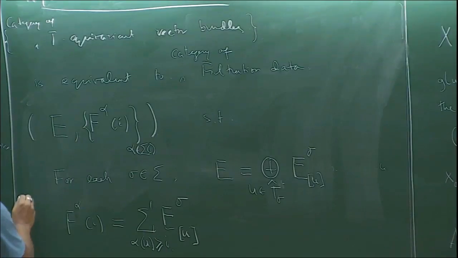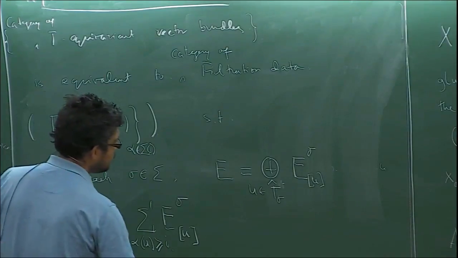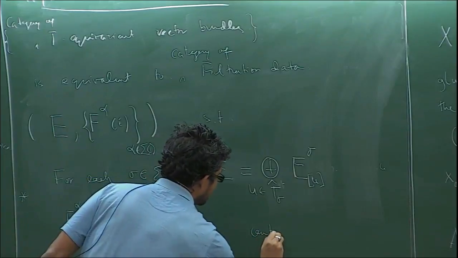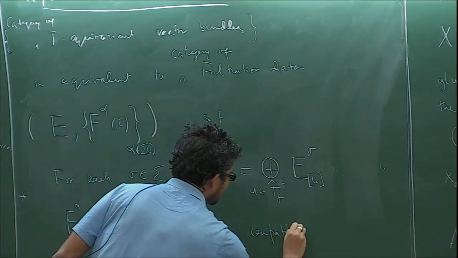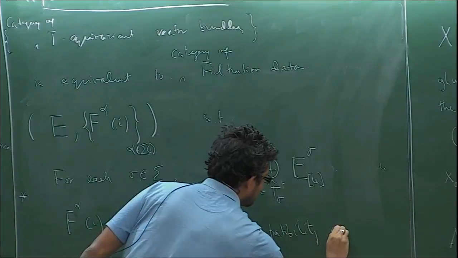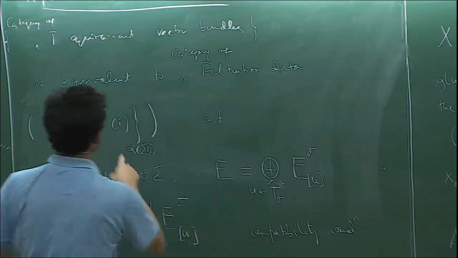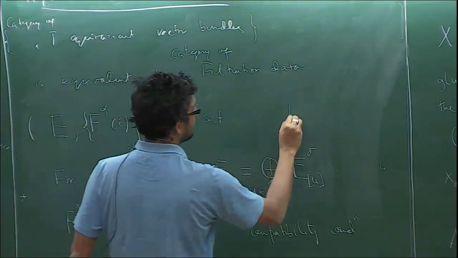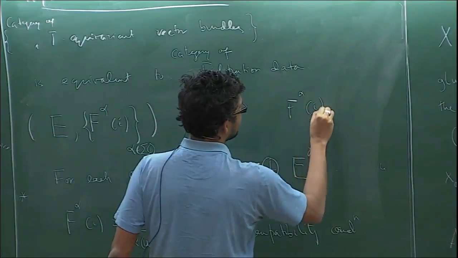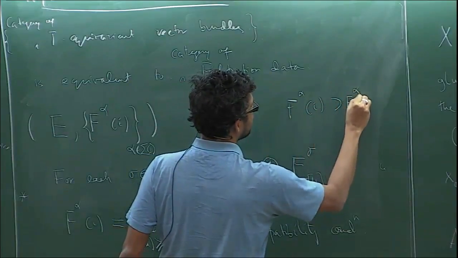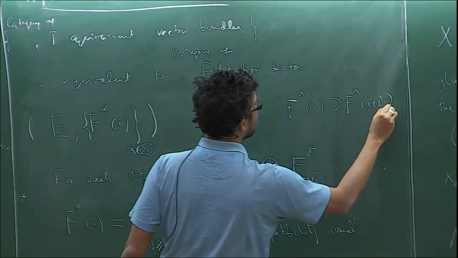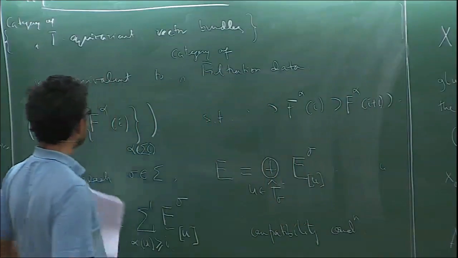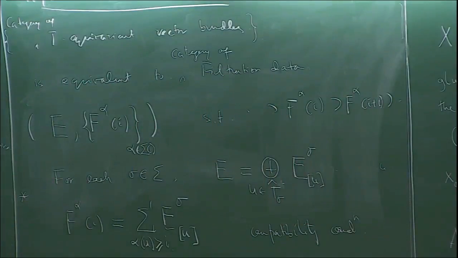This is called the compatibility condition. And these F^alpha(i)'s are a decreasing filtration. Since it's finite, it's a finite filtration.